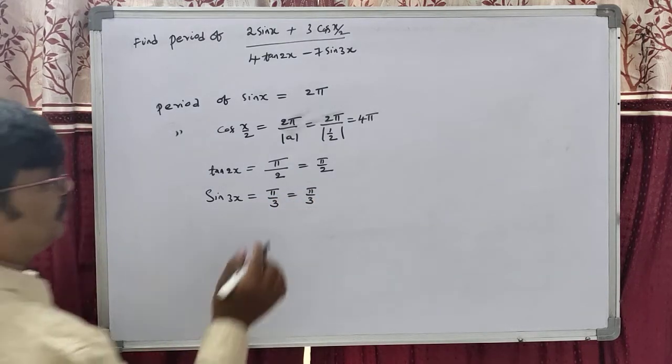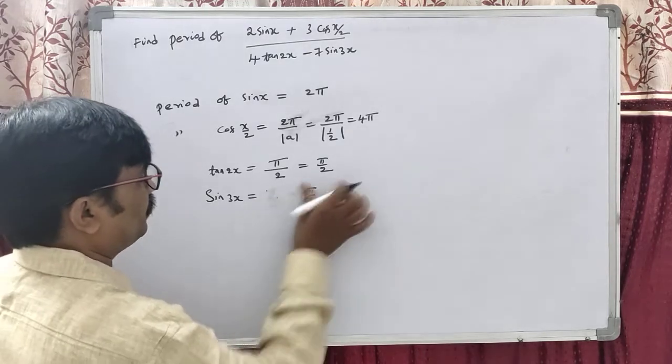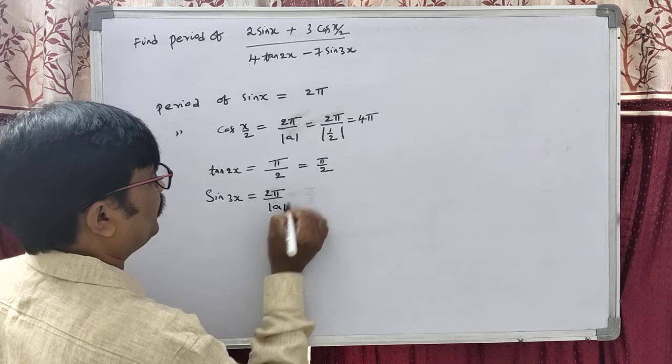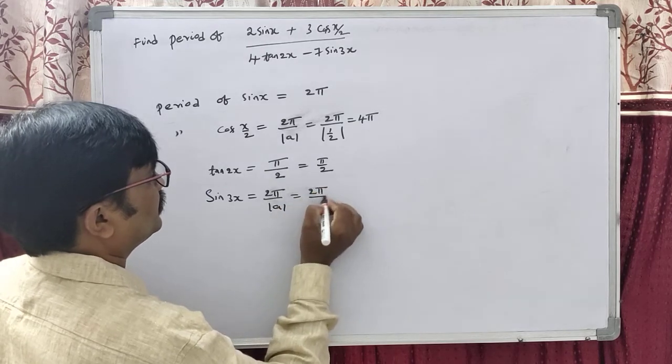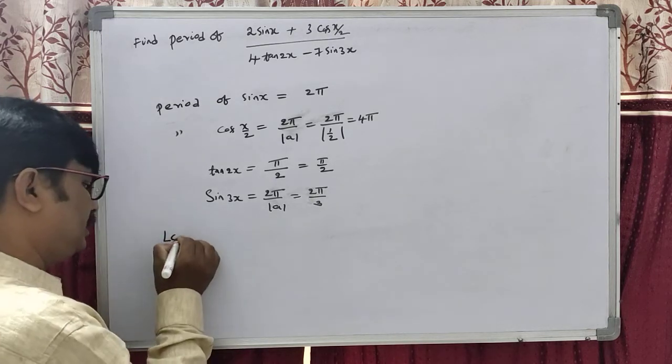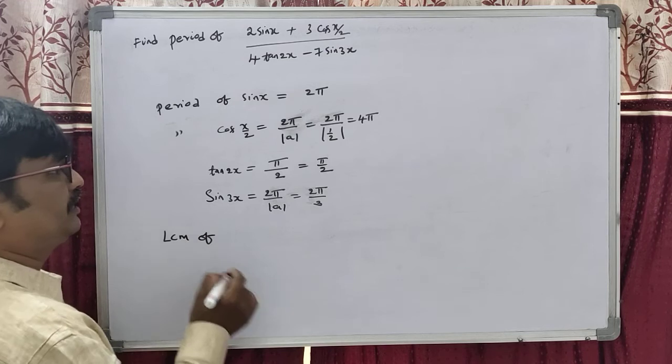Students, this is the formula: 2 pi by modulus of a, that is 2 pi by 3. Now students, the LCM of the periods.